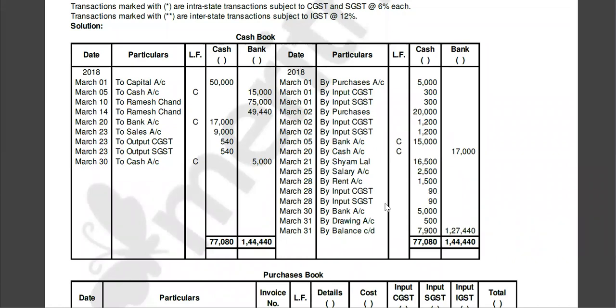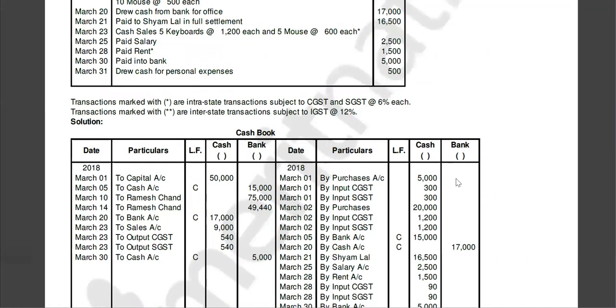Then paid into bank. Paid into bank means the same way, bank account debit to cash account, contra entry. So bank playing debit role. On the debit side bank column, you just place your hand and write 5,000 to cash.